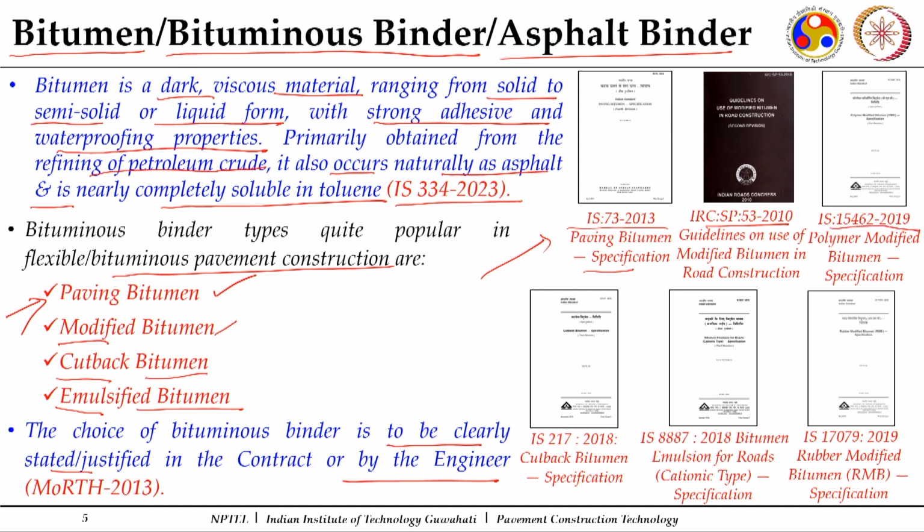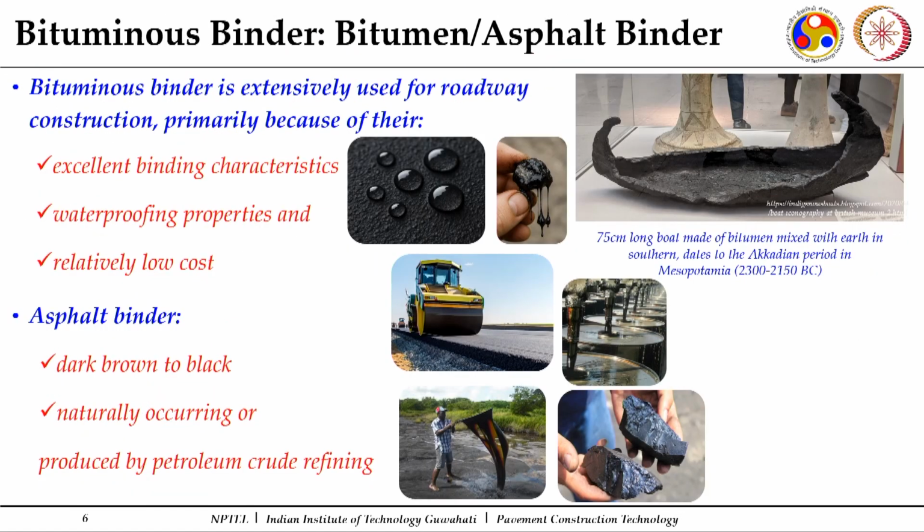IS 15462, again polymer modified bitumen specification. IS 217, cutback bitumen. IS 8887, bitumen emulsion. IS 17079, which is rubber modified bitumen. So, we have different specifications available from BIS as well as MORTH and IRC to refer for these different types of binders.